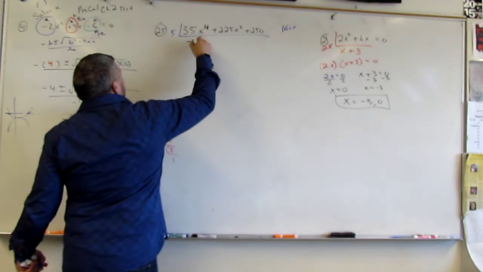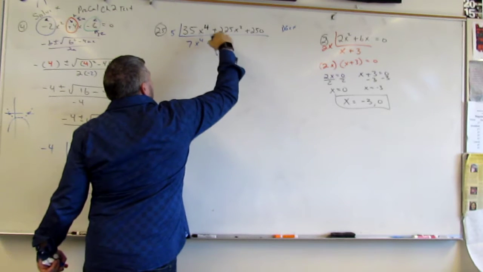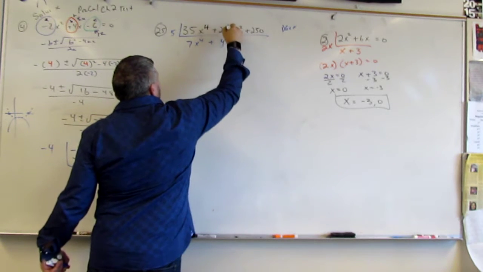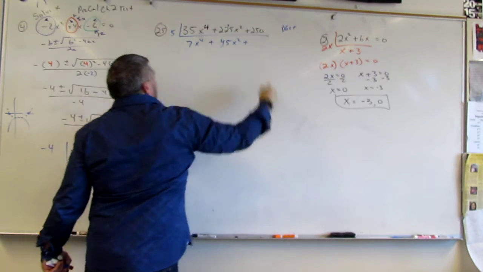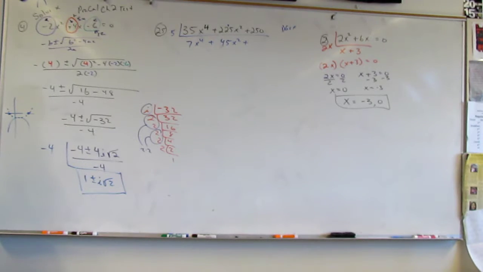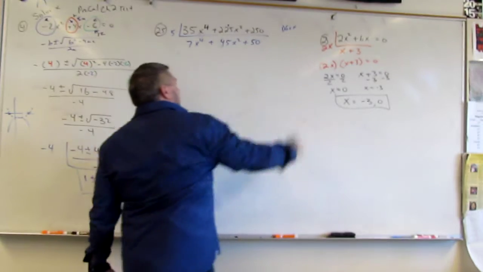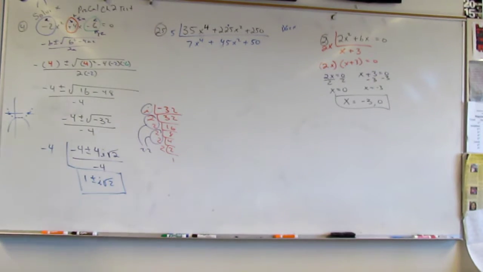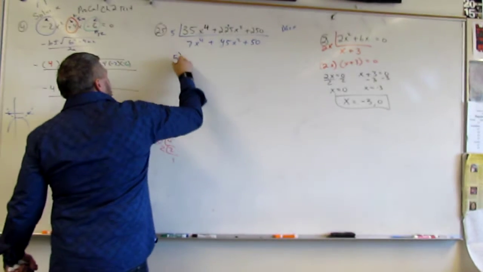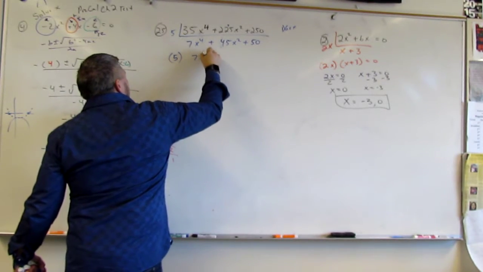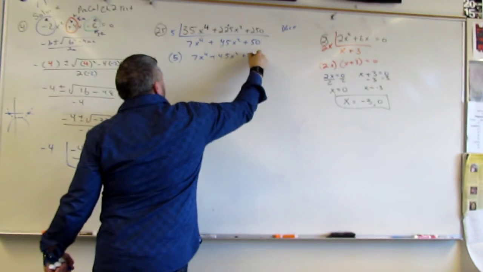So that means I've got 7x to the 4th plus, 5 goes into 25 5 times, and 5 goes into 25 5 times with a 0. Okay. So we're left with that. Does that make sense? So we have 5 times 7x to the 4th plus 45x squared plus 50.